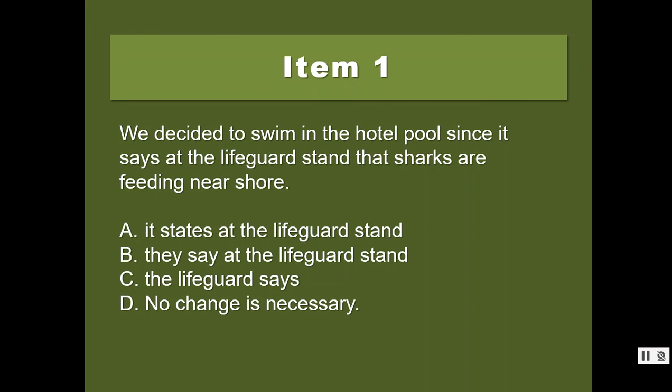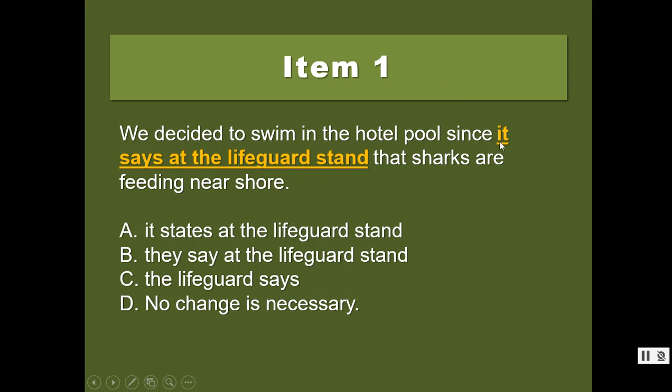So let's just see. My underlined portion here is, we decided to swim in the hotel pool since it says at the lifeguard stand that sharks are feeding near shore. So here's my ambiguous it. The closest noun to it is pool. So the pool is certainly not talking. So we've got a problem.